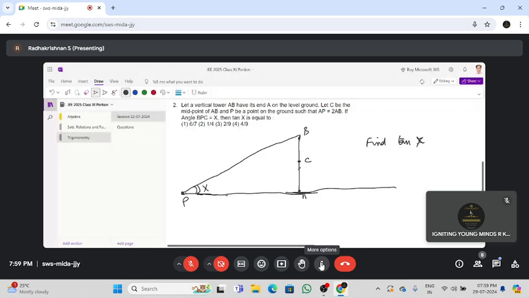All that is given is AP equals 2AB, and C is the midpoint of AB. Sorry, I drew the angle wrongly; X marked alone is wrong. This is X. BPC is this angle. So we need the tan of this angle.